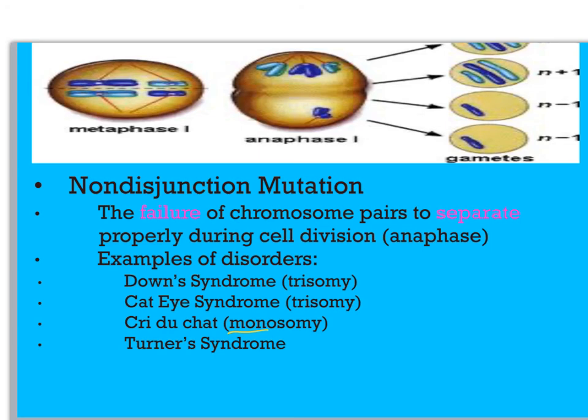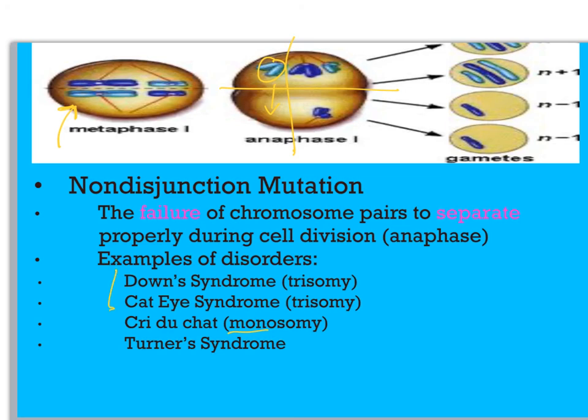If you recall, in metaphase 1 they line up in the middle in pairs. Well, in anaphase, they're supposed to separate. So this chromosome should have gone over here, but it didn't. And when it split into 4 new cells, you ended up with a cell with too many and a cell with not enough. Depending on which one gets fertilized, that baby could potentially have one of these conditions.